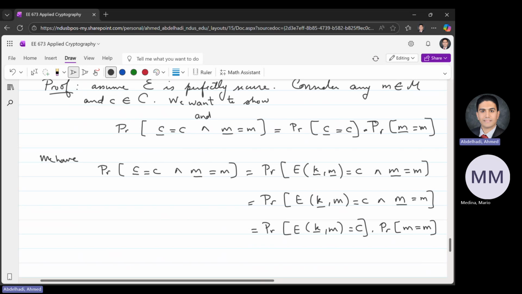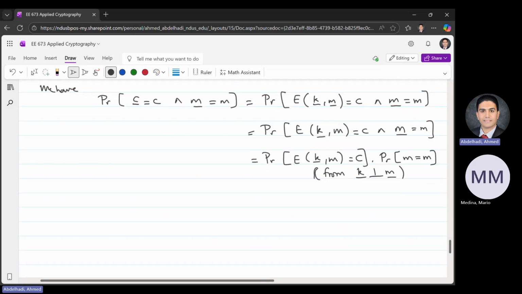This is from independence. I'm going to write independence as a perpendicular symbol just for short. All right so far.